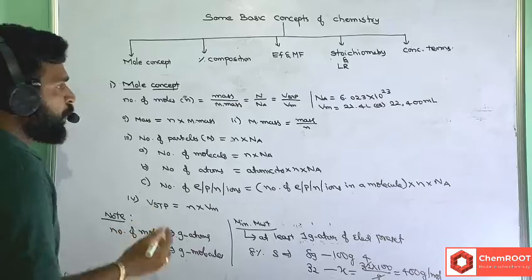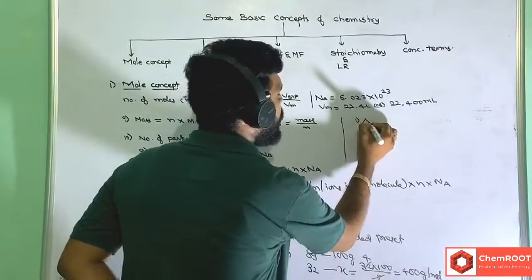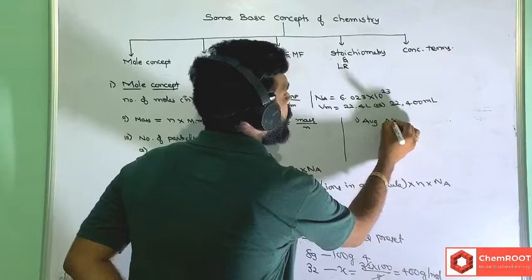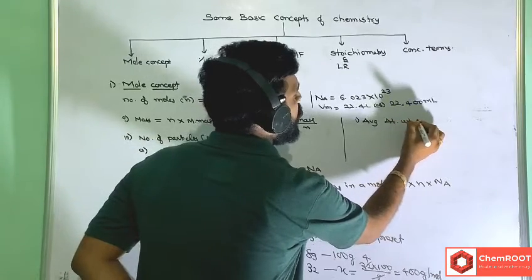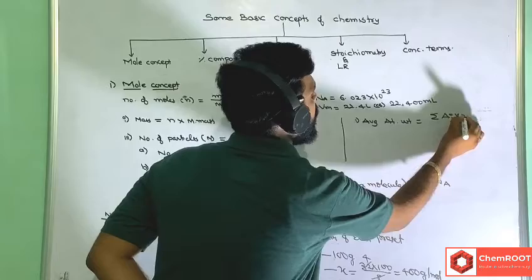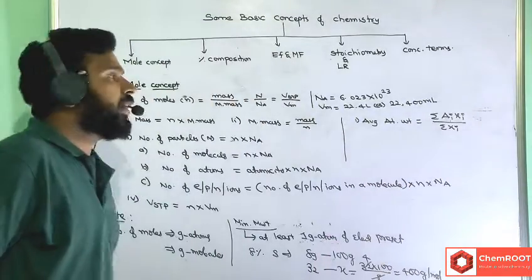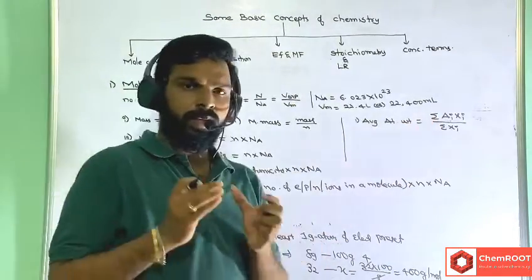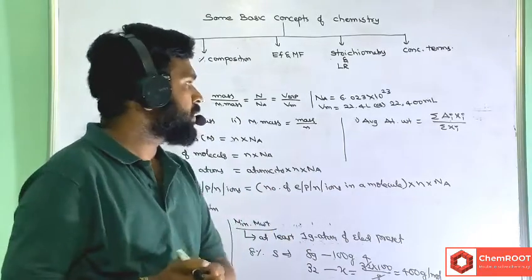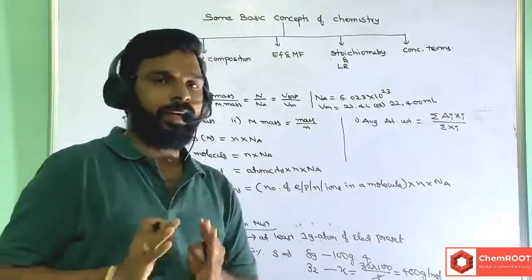We should also know these formulas. Average atomic weight is the sum over Ai xi divided by the sum over xi. Here A is the atomic mass of each isotope and x is the abundance.